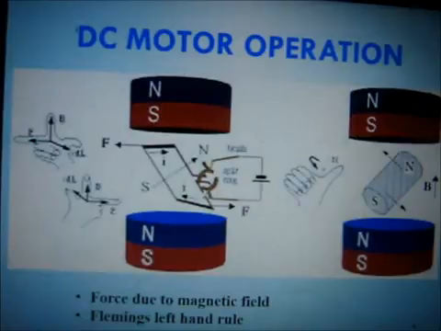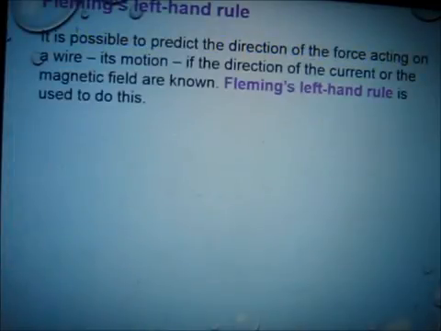The DC motor is governed by Fleming's left-hand rule. Here you need to note two points: how the force due to the magnetic field influences the motor, and Fleming's left-hand rule. Now what is Fleming's left-hand rule? It is the rule that governs the movement of the DC motor.